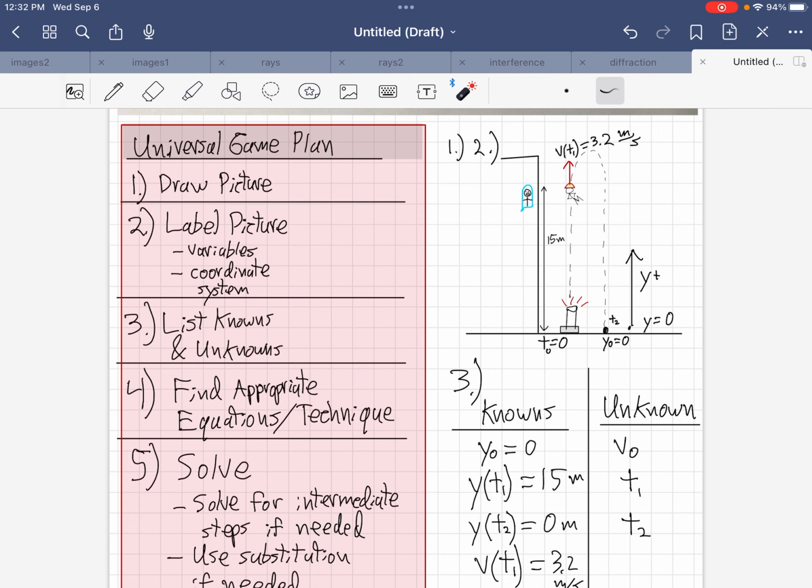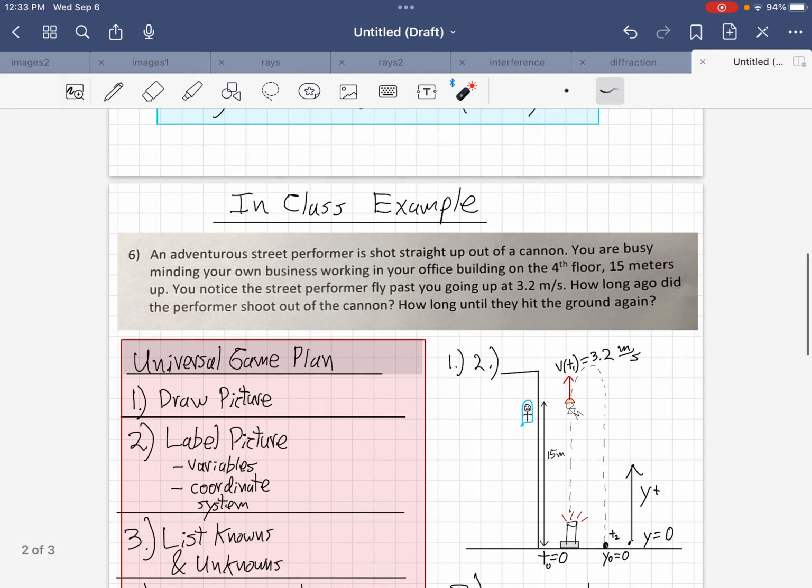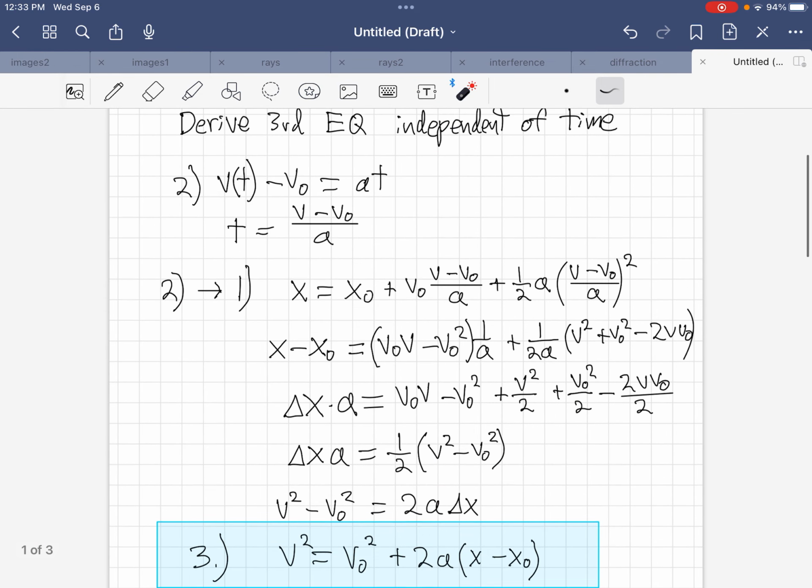You want to understand what kind of problem you're dealing with, if it's a force problem, a vector problem, if there's more than one dimension, and that can direct you to the type of equation you want to use.